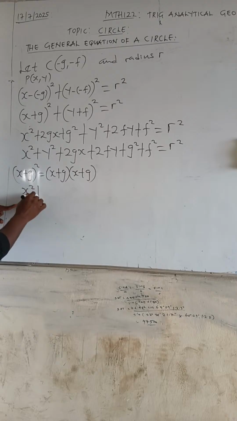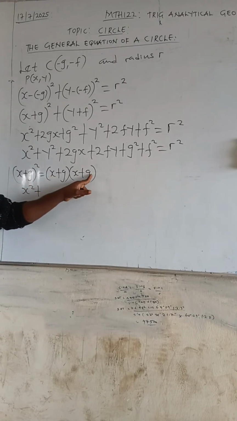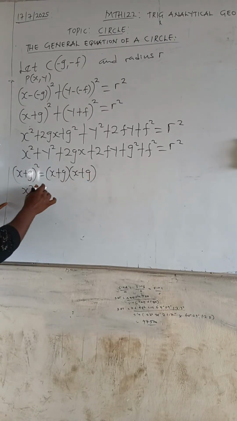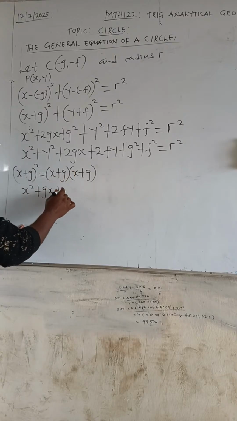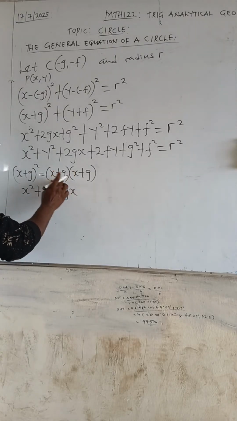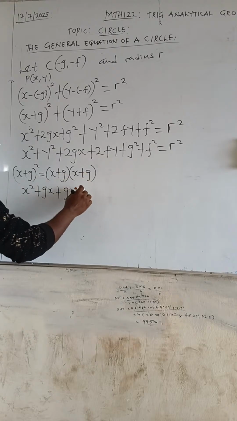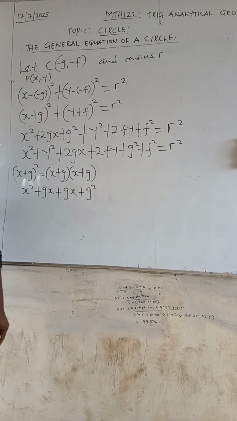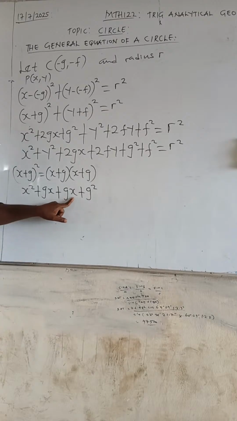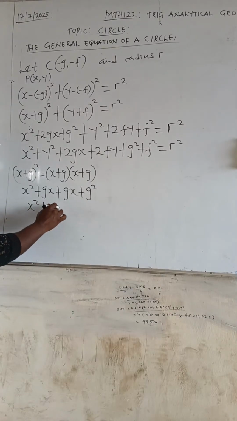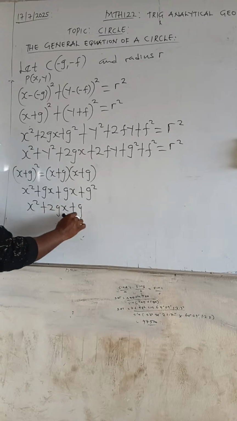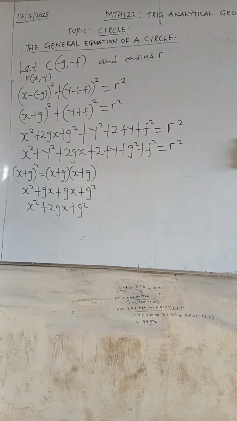Then plus, use this to multiply this, gx. Then plus, use the g to multiply the x, which is gx. Then plus g times g, g squared. So we can add these together. Here we are going to have x squared plus 2gx plus g squared.